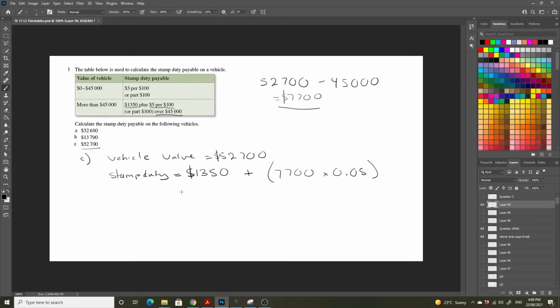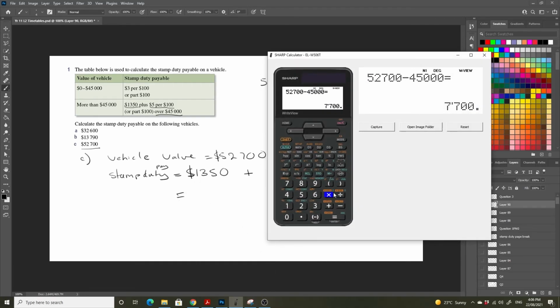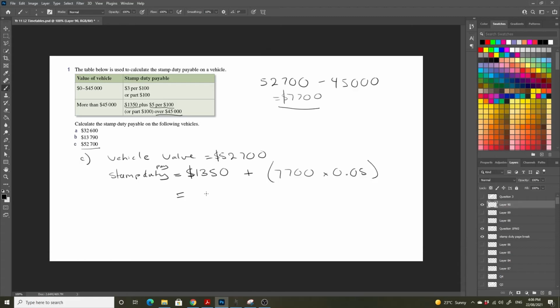That's our stamp duty payable, and this is equal to $1,735. So that's the answer for part C.